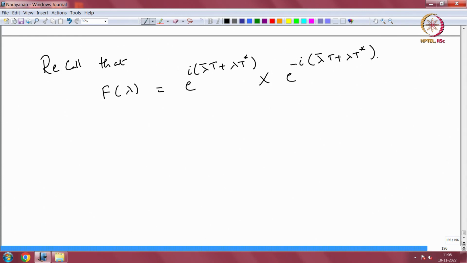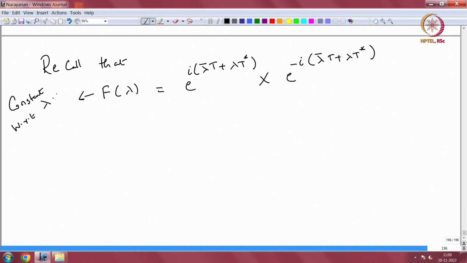So, that is the self adjoint operator, and you have something like e to the iA x e to the minus iA, where A is self adjoint. So, this is my constant operator, constant with respect to lambda. What we have proved is this is a constant operator, constant with respect to lambda.